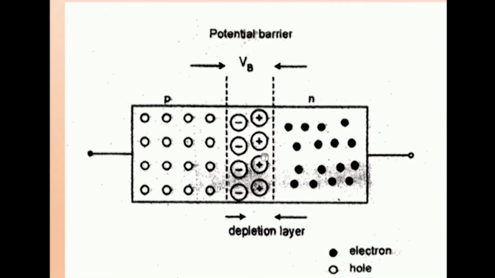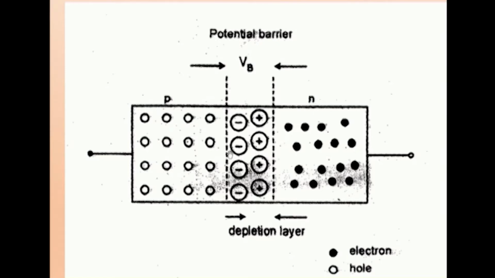Similarly, the electrons which have crossed will be attracted by this positive and by this positive. Therefore, they will take an equilibrium position. It will depend on the Coulomb force pulling this electron. This electron will be pulled by these holes, and this electron will be pulled by these positive charges which are very close.